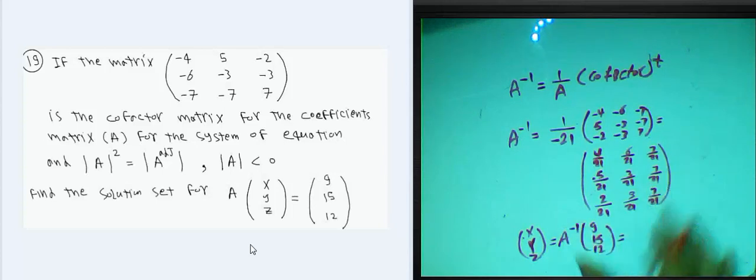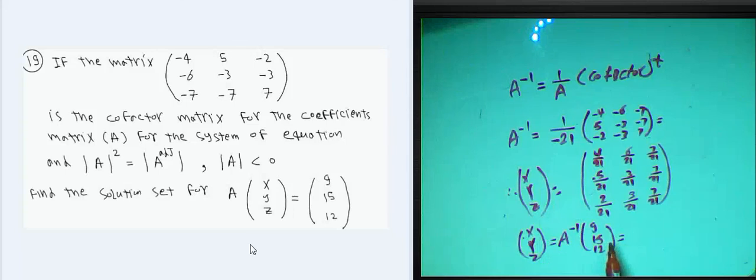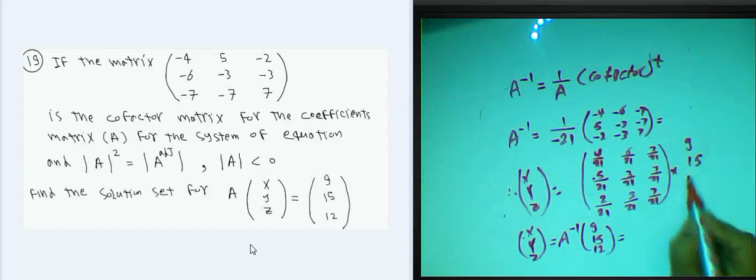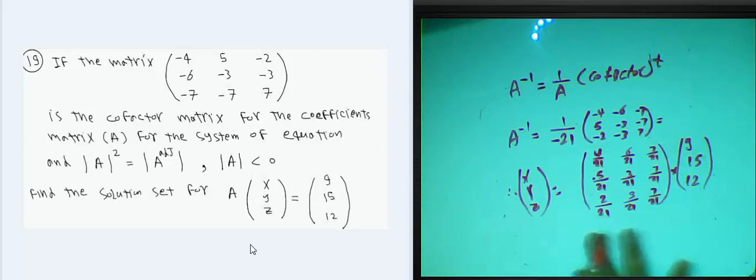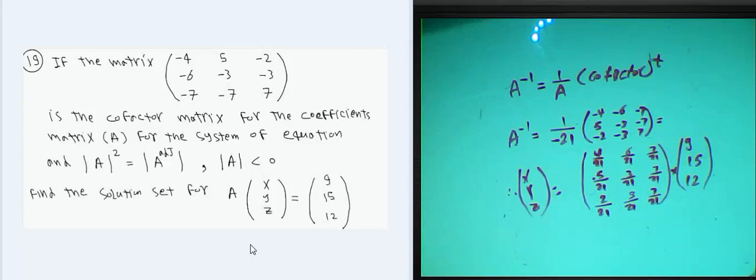Then x and y and z will be this matrix multiplied by 9 and 15 and 12.